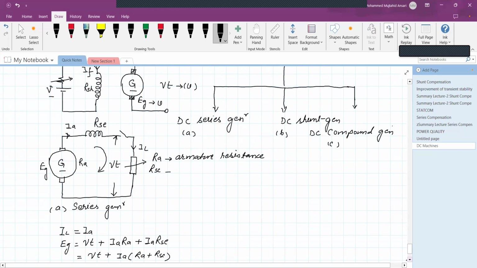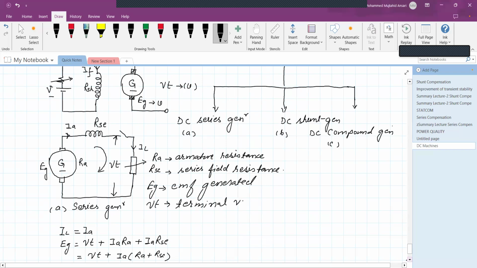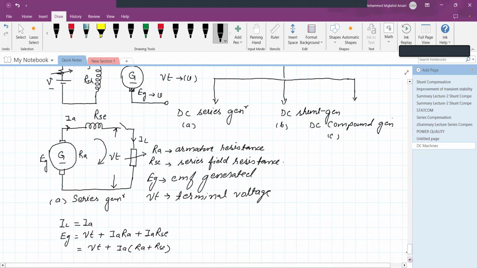RSE is the series field resistance. And EG is nothing but the EMF generated, and VT is the terminal voltage, isn't it? So this is the first thing.